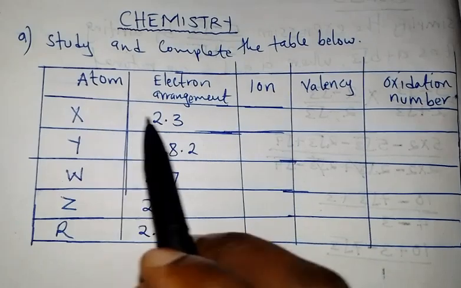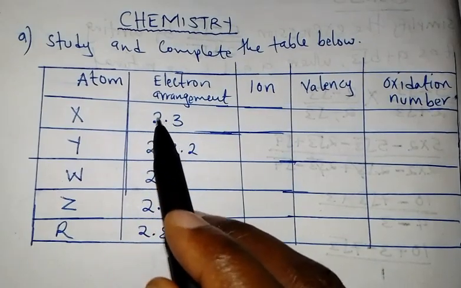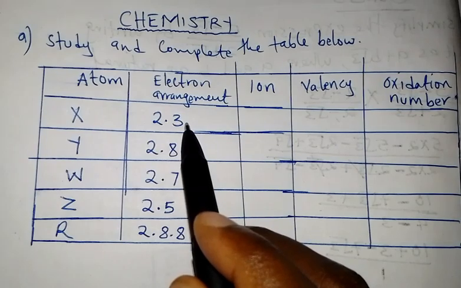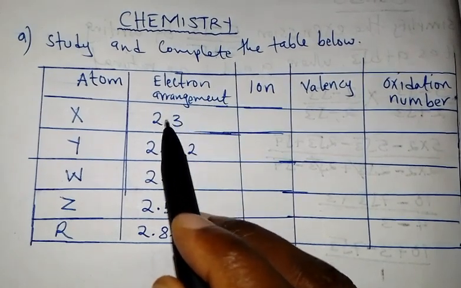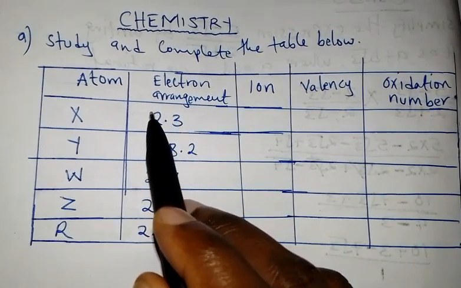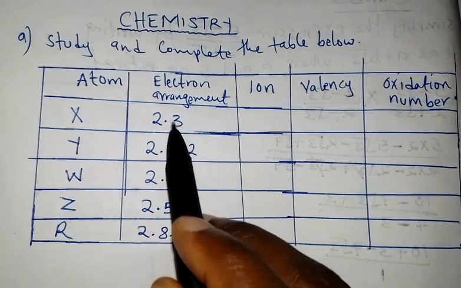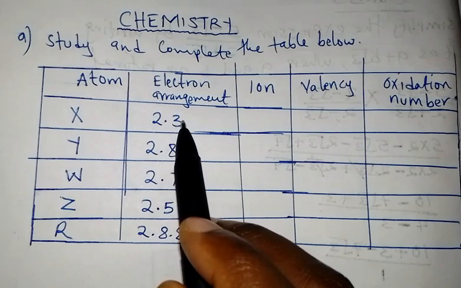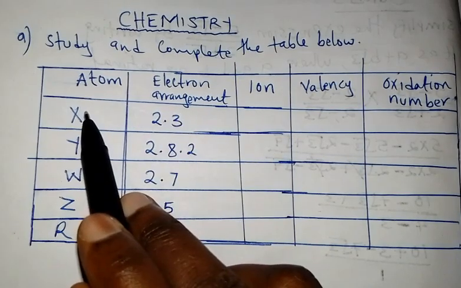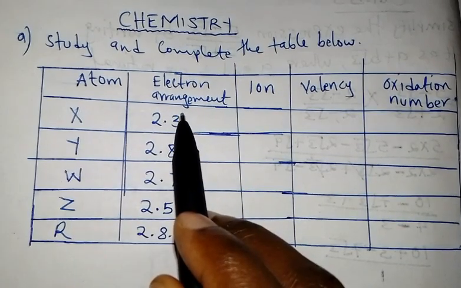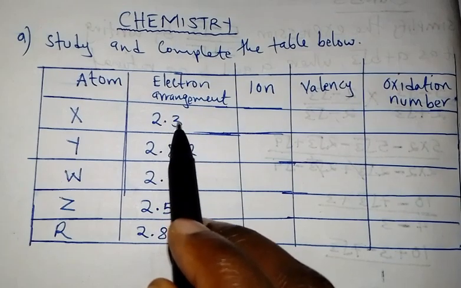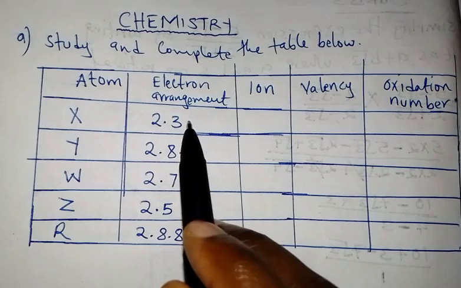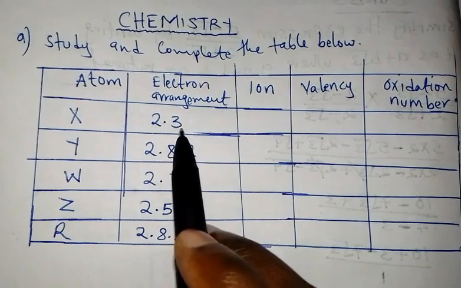If you look at the atom X, the electron arrangement is 2:3, which tells us that the first energy level is filled, the second energy level is not filled. So for the atom X to be stable, it requires to gain 5 electrons or lose 3 electrons.